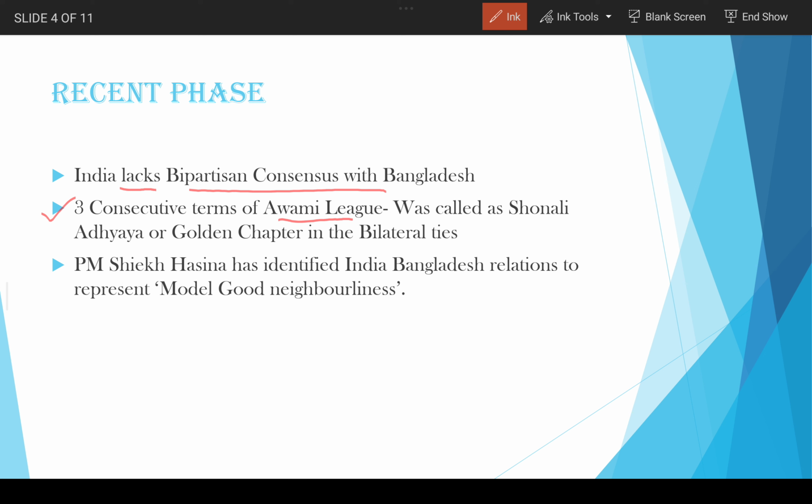It has been there since 2009, and that's why the relations with India were at their peak, and this was called Shonali Adhyay, or the golden chapter, in the bilateral ties of India and Bangladesh. PM Sheikh Hasina has described India-Bangladesh relations as a model of good neighborliness.